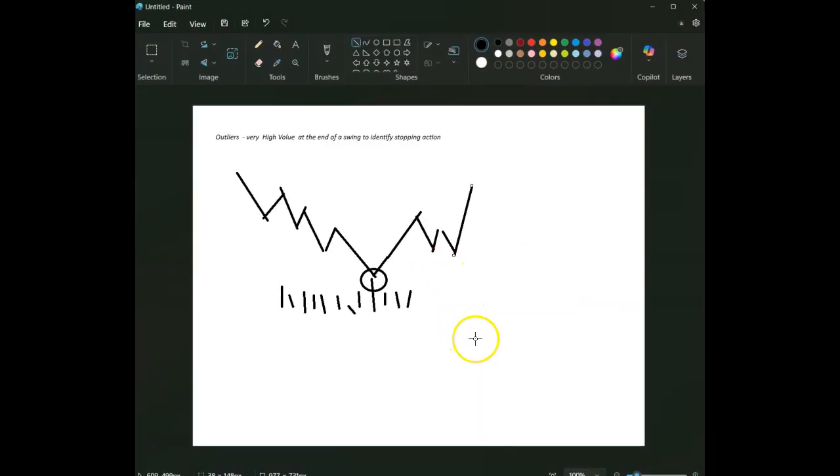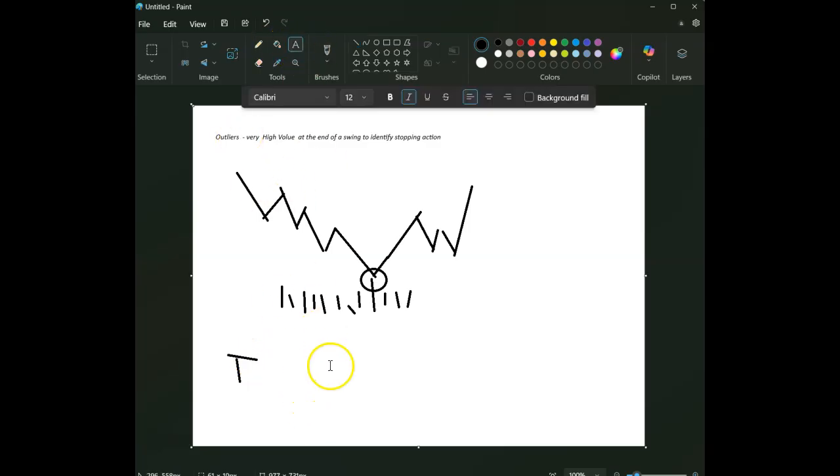So now what's the point? The point is that bar volume can be used to identify stopping action. What is that?